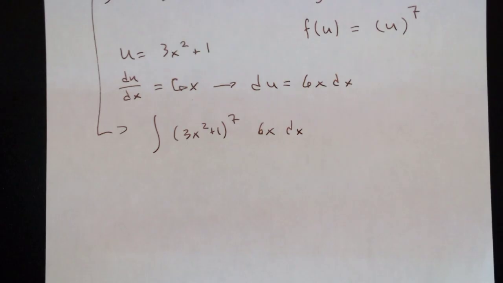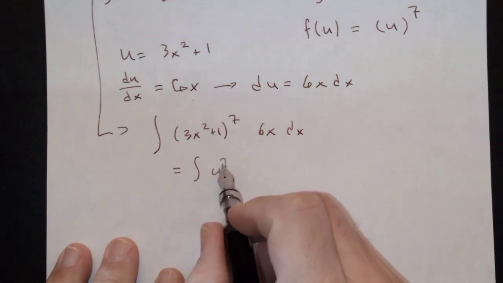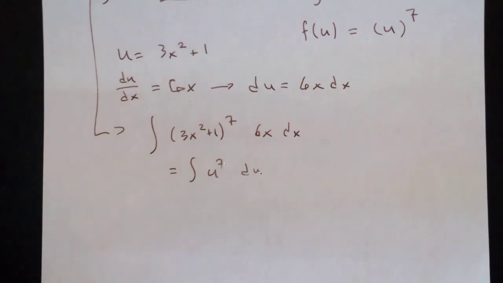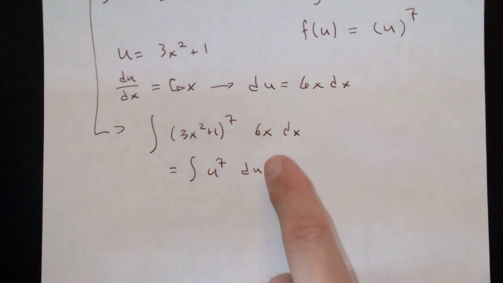Change the letters. u equals 3x squared plus 1. So 3x squared plus 1, quantity to the 7th is u to the 7th. And my differential takes its toll.